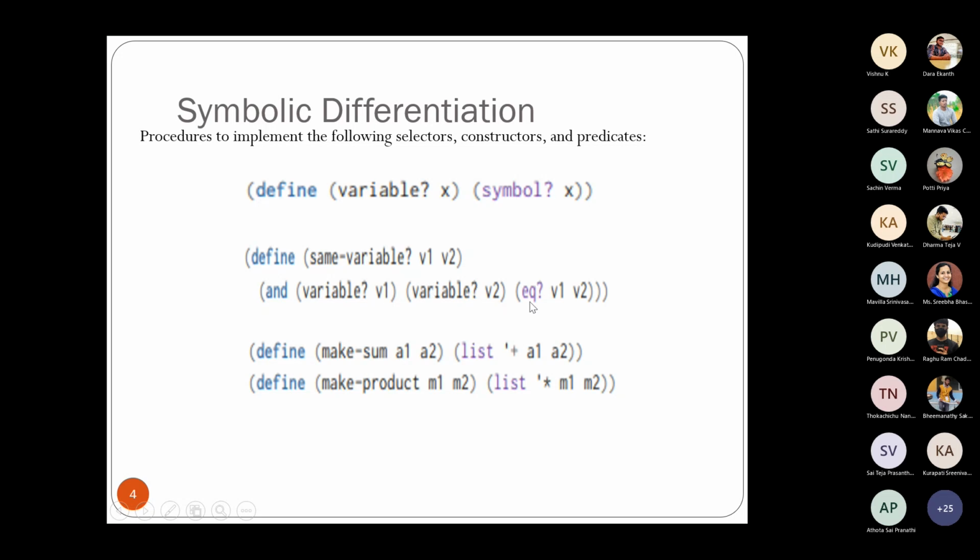And another condition is that v1 and v2 both should be equal. Equal is a predefined procedure we have used already, and we are familiar with it. So this is an AND condition. To check, we require three conditions: v1 should be a symbol, v2 should be a symbol, and both should be the same symbol.